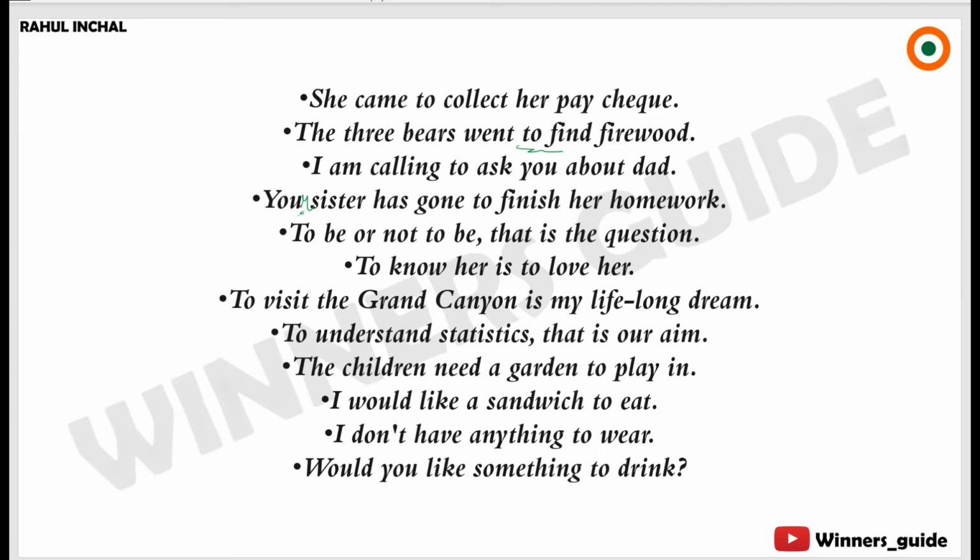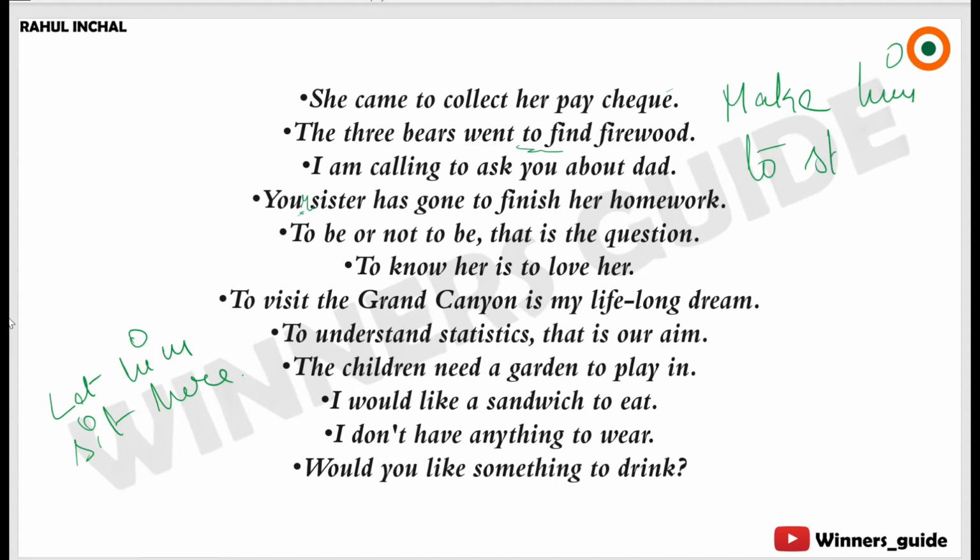For example, let him sit here. Or maybe a better example so that you understand in a better way: make him to stand. Make him to stand there.